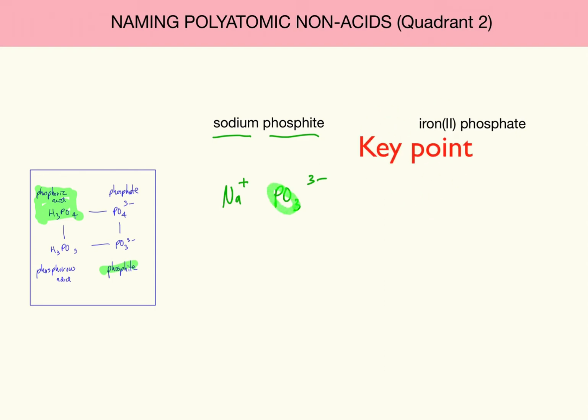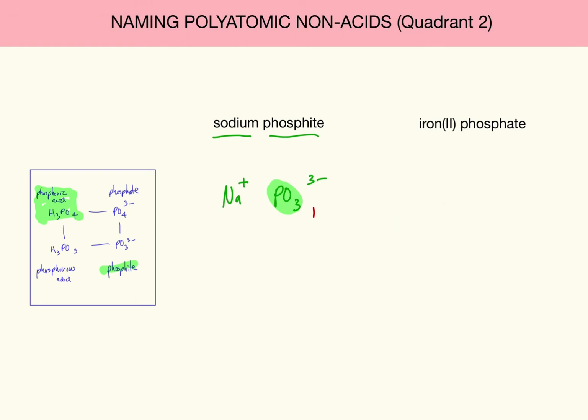This is a very important point I'm going to make here. The -3 applies to the PO3 as a single unit. Remember, treat polyatomic anions as monolithic or single units. So the entire PO3 has a -3. But how many PO3 groups do we have? Only 1. So my total negative charge is -3.